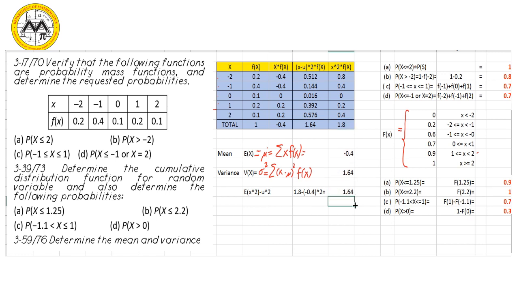So it's the same. It's both 1.64. So this is the mean and the variance. If you want, you can take the square root of that to get the standard deviation. You may pause to copy.